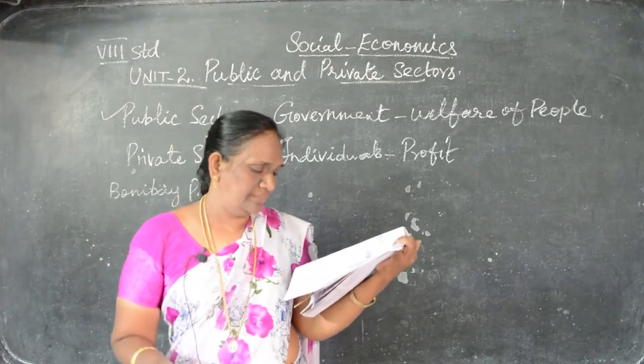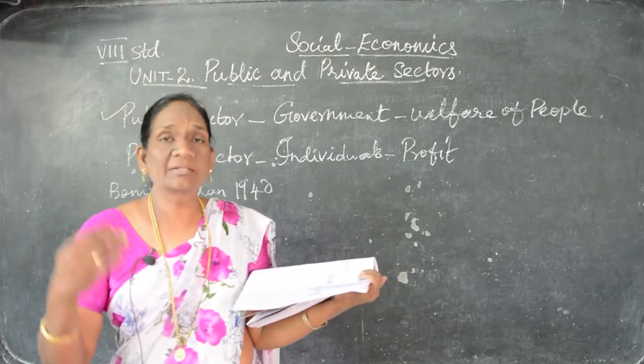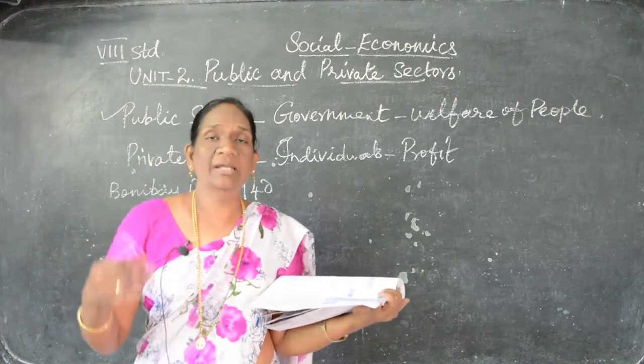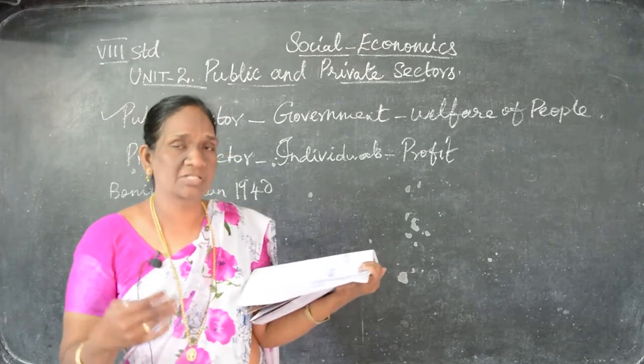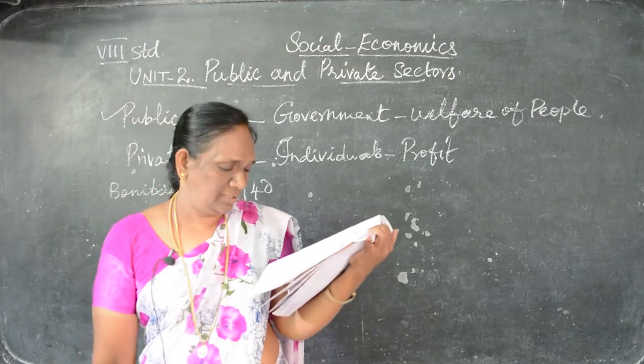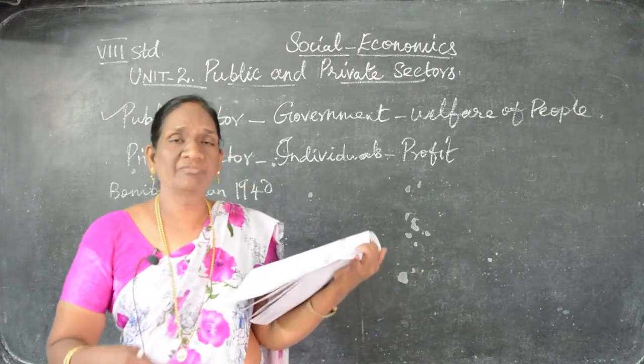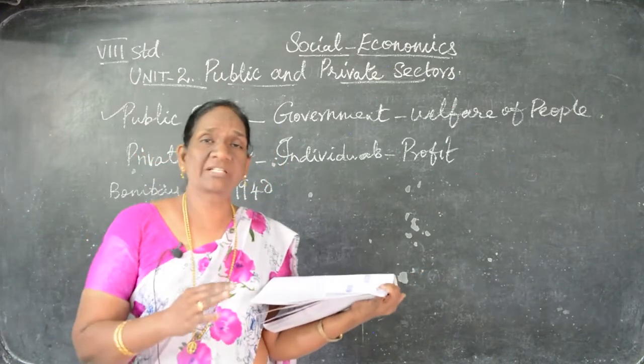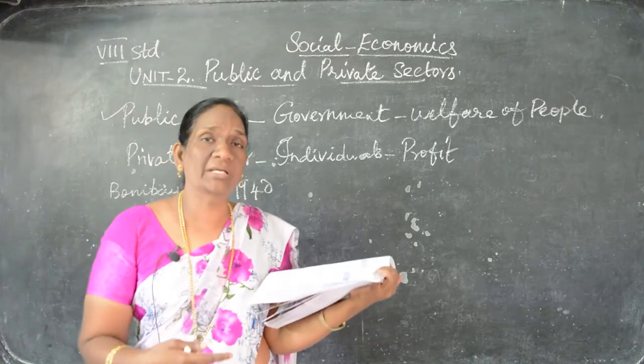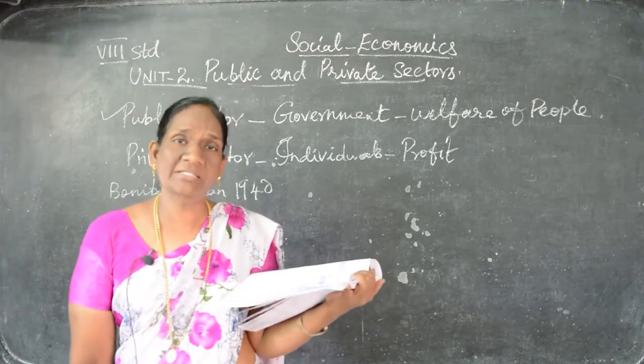Can you follow then? And especially at that time, the first prime minister, who? Pandit Jawaharlal Nehru. He took much effort for the public sector and private sector to join together, and he started the mixed economy.